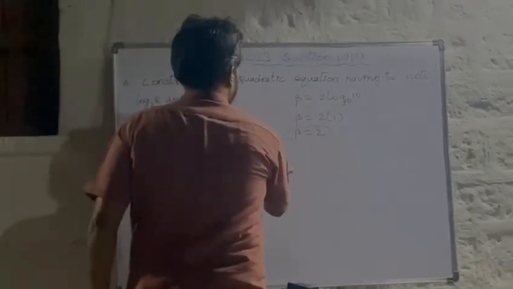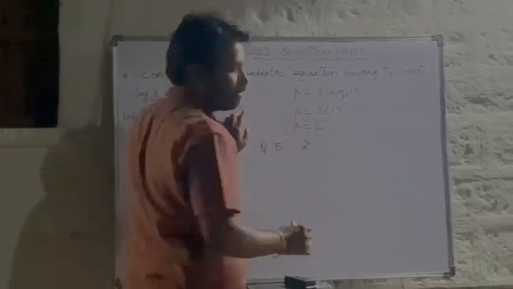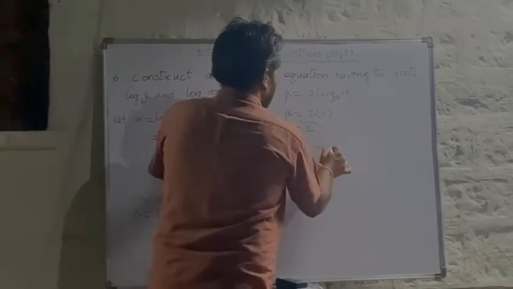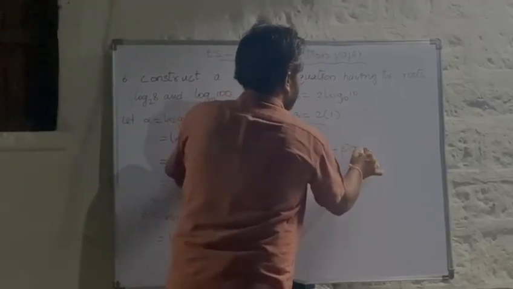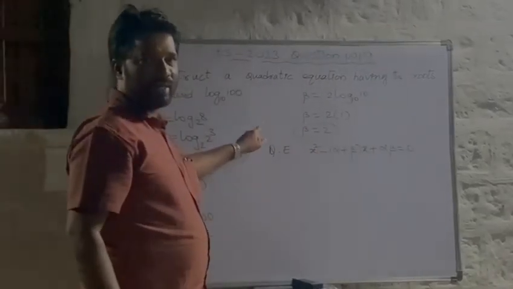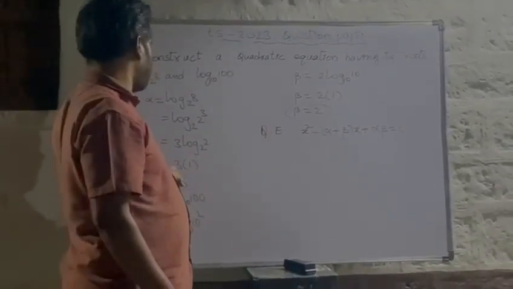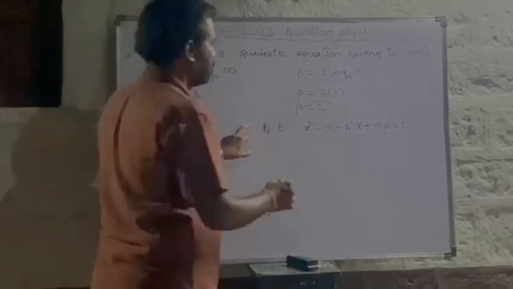Required quadratic equation. The quadratic equation formula is x square minus (alpha plus beta) x plus alpha into beta is equal to 0. Substitute in place of alpha and beta 3 and 2.